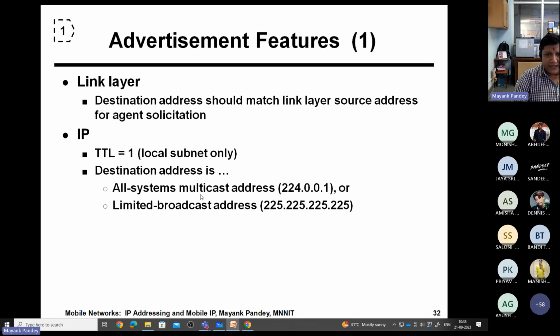They use the all-systems multicast address 224.0.0.1, or they will use a limited broadcast address for that subnet. So the foreign agent or home agent keep doing these broadcasts or all-systems multicast periodically, setting TTL equal to 1 because this is for that local subnet only.